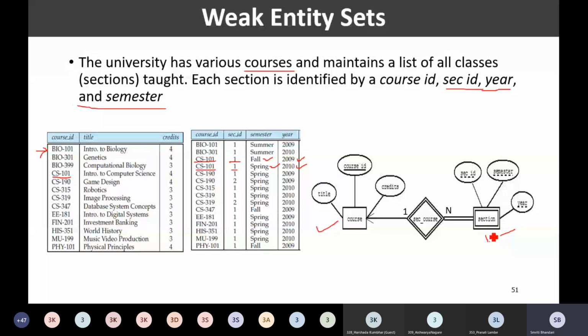And obviously in between these two entity sets, course and section, now we should have a relation, right? Because these two entity sets are now related.